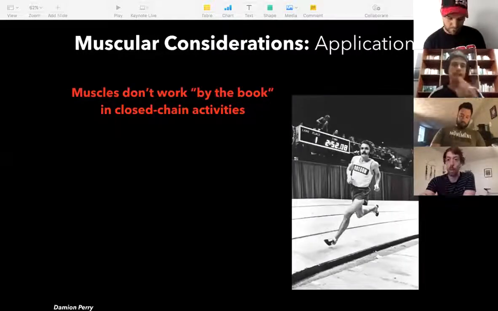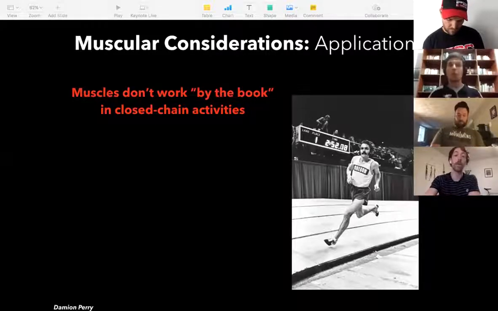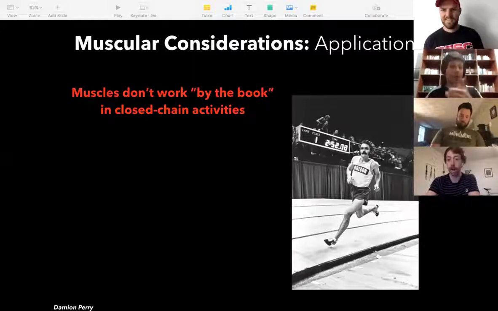Where we now get into, and this is probably the bread and butter of why I think this presentation is important, is the fact that muscles don't work by the book when it comes to something like a closed chain activity. If we're discussing something like running, Prefontaine, who is my hair and mustache motivation in this picture on the right, is running around a track doing his thing.